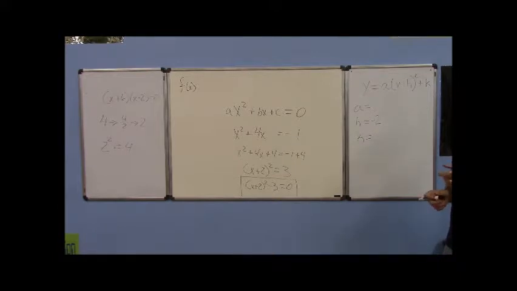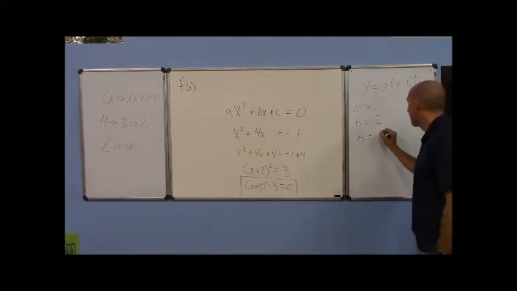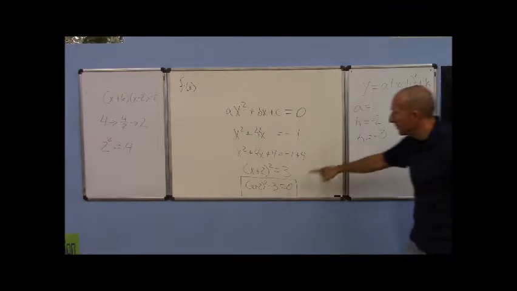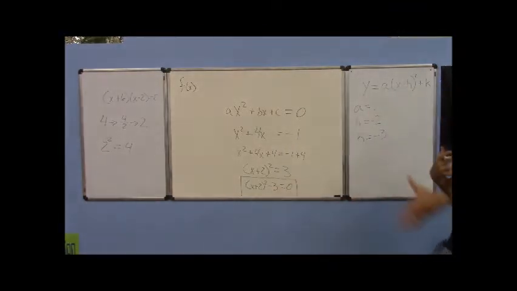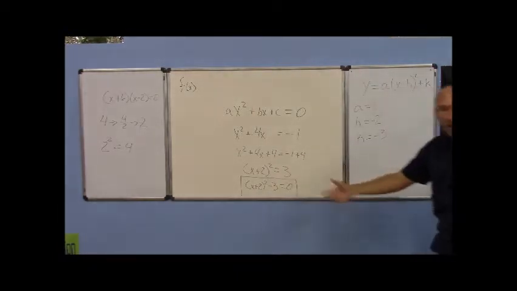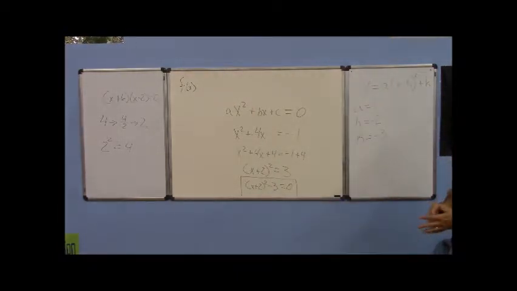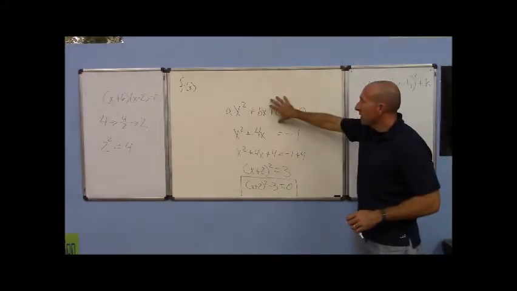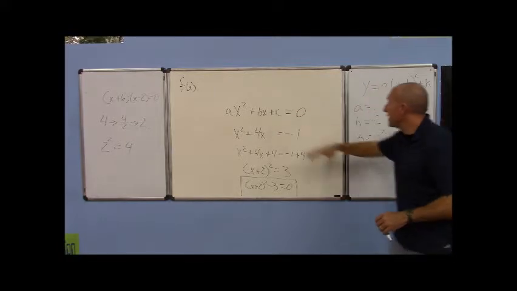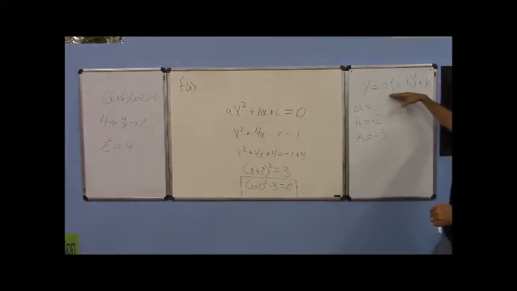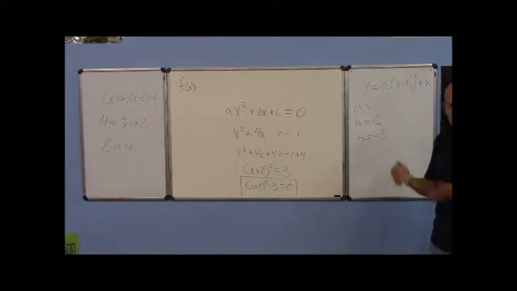Negative 3, yes. Because it changed this positive to a negative. It changed our standard form to something different, a different sign, so it's negative. Okay? So, we can take our quadratic equation and change it to a different standard form that helps us with our graphing. And that's what we are doing with this. Okay, does that make sense?